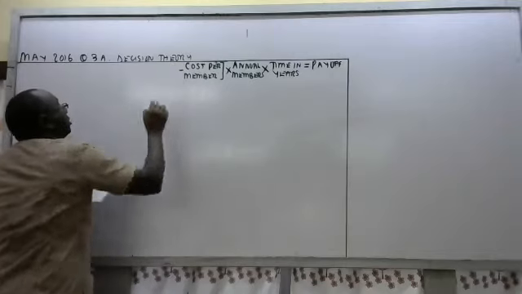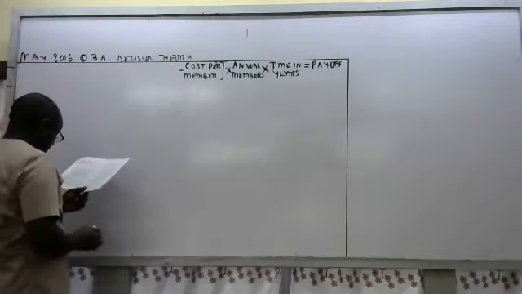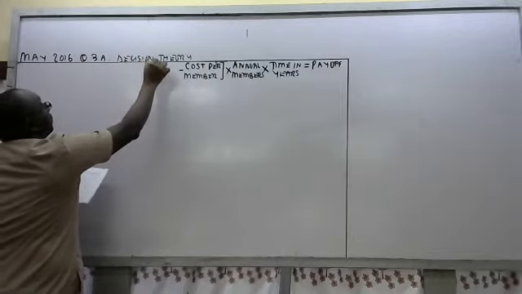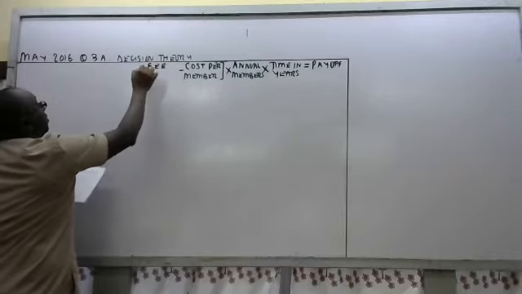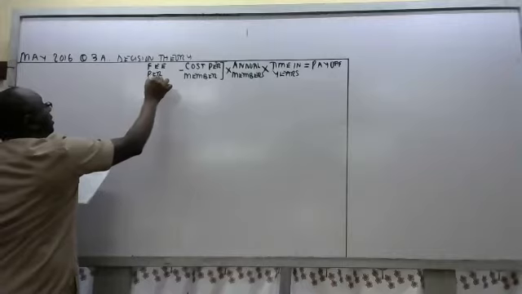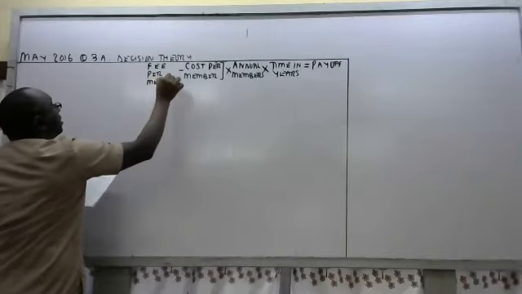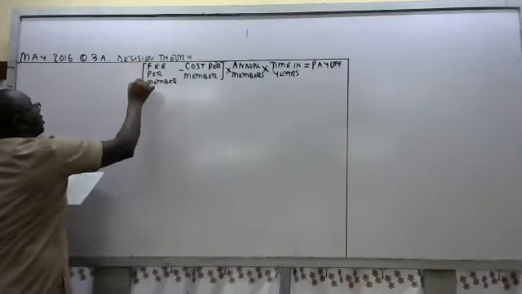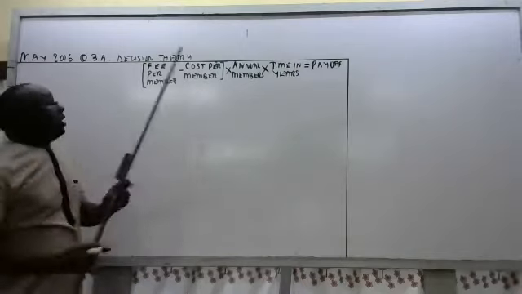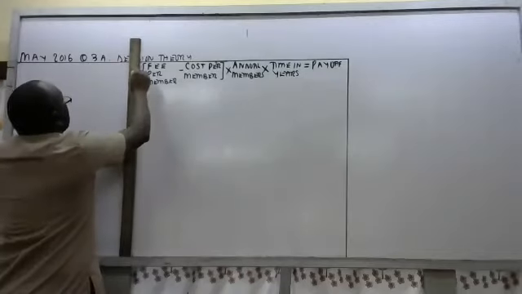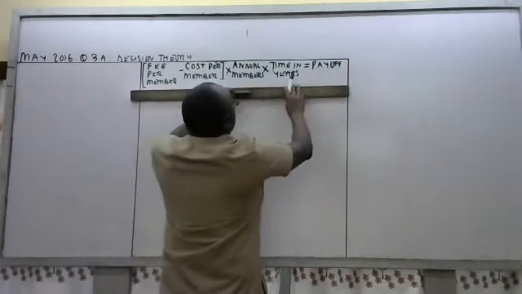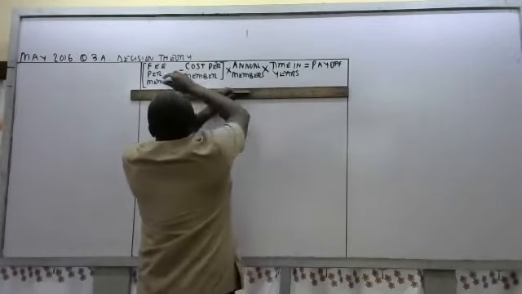This one you subtract fee per member. So that is the formula that we are going to use in computing the payoff.